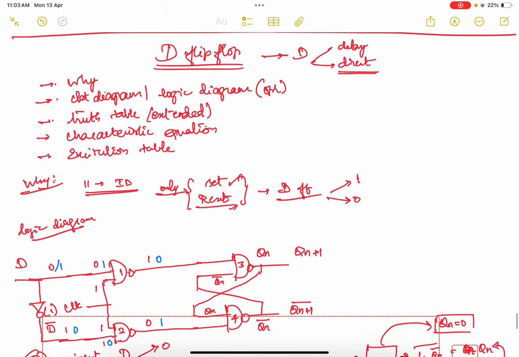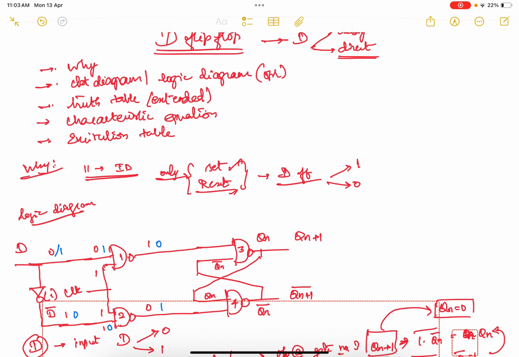I have already told you: instead of going for 4 different state conditions, if I want only 2 state conditions, either 0 or 1, that is either the set condition or the reset condition, I do not need any complex circuit. I want only 2 outputs, either a set output of 1 or a reset output of 0, so I go for this D flip-flop.